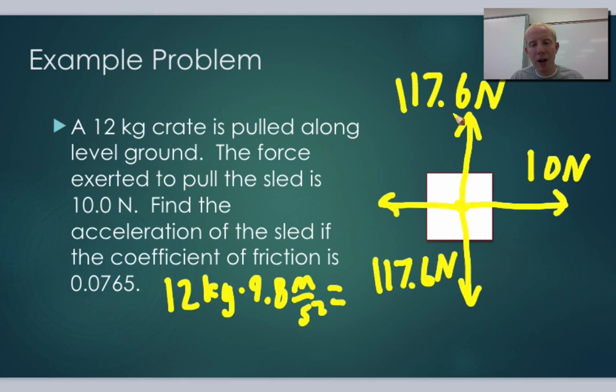So now we have the normal force. Now we can calculate the friction from the normal force just by plugging it into the equation.